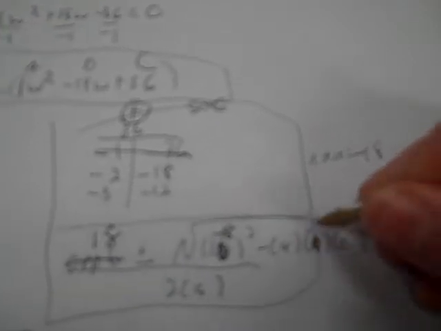So opposite of B, plus or minus the square root, B squared minus 4A and C over 2A. So the opposite of B is 18. B to the second, it's going to be negative 18 to the second. And then 4A, A is 1, C is 36, then A is 1.